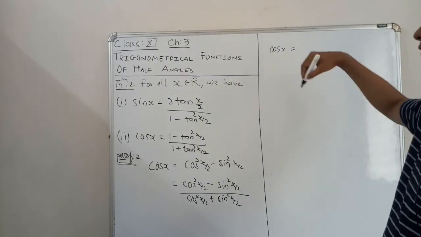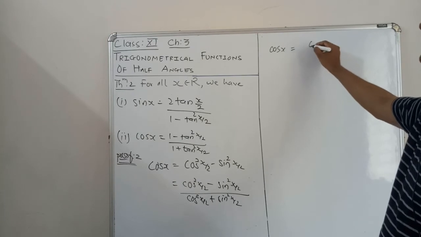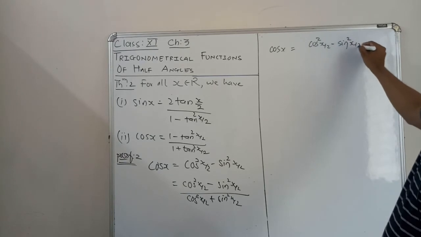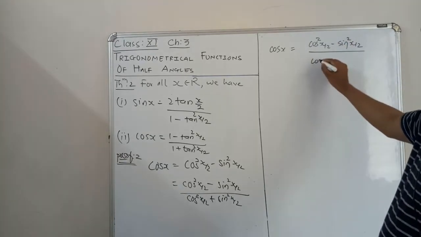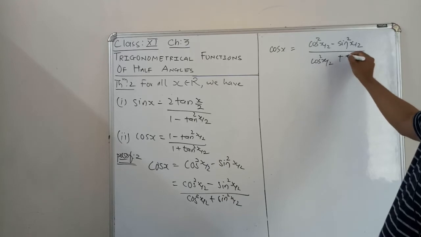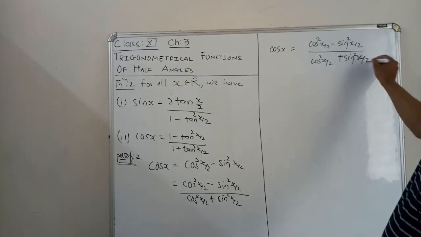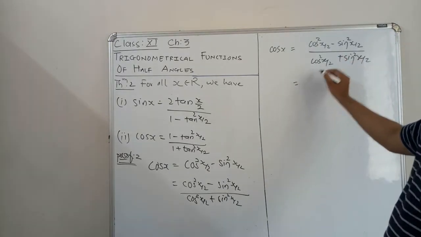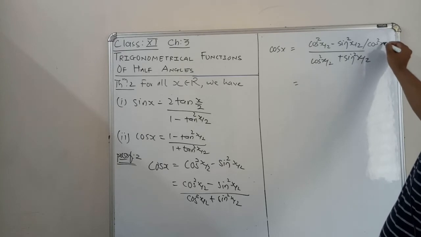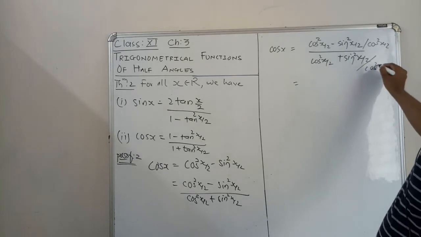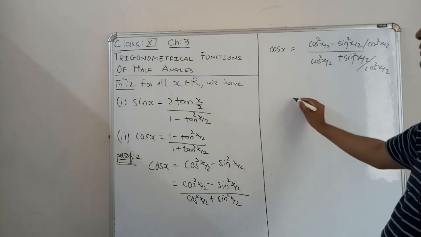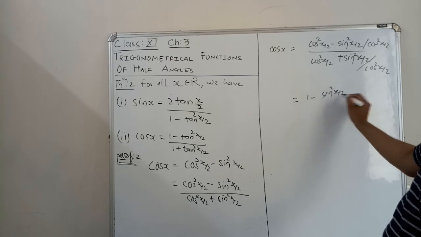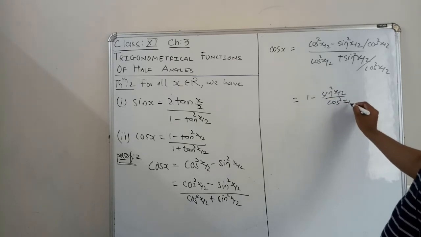So cos x is equal to, both the divide by, so cos square x by 2 minus sin square x by 2 upon cos square x by 2 plus sin square x by 2, right? You divide this, numerator and denominator both, upon cos square x by 2. Clear? So you got the result 1 minus sin square x by 2 upon cos square x by 2.